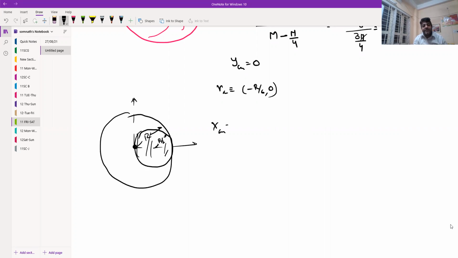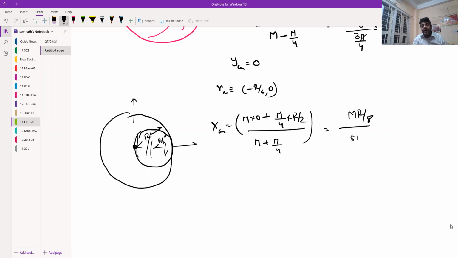Then my x center of mass is m into 0 plus M by 4 into r by 2, divided by m plus m by 4. Got it? So what we have is m r by 8 over 5 m by 4, m again cancels. So you have r by 10.